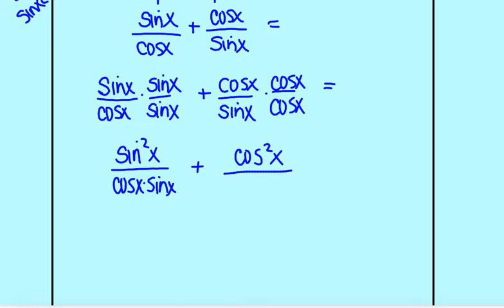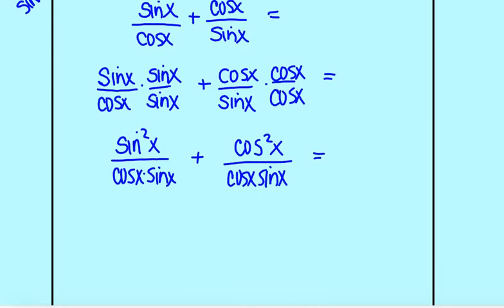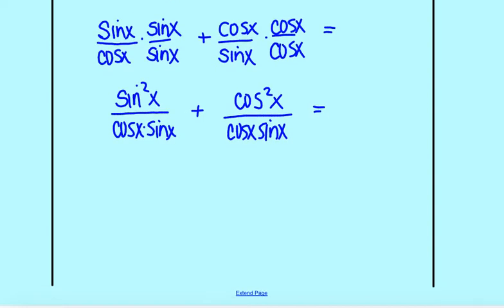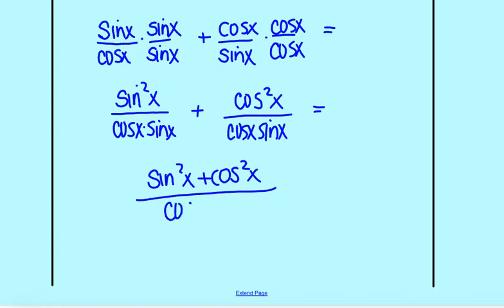And then I have the cosine of x times the sine of x. All right. These two fractions are now alike. I can go ahead and combine them into one fraction. So I add across. I have the sine squared of x plus the cosine squared of x over my least common denominator, cosine of x, sine of x.